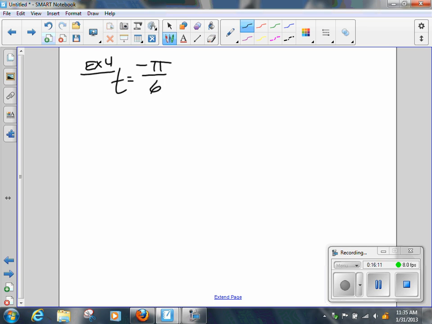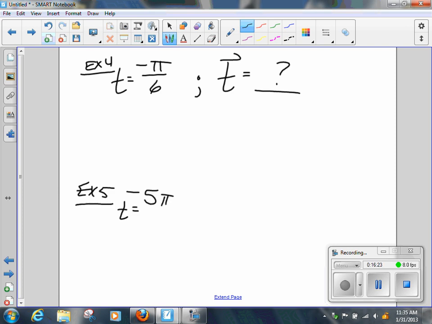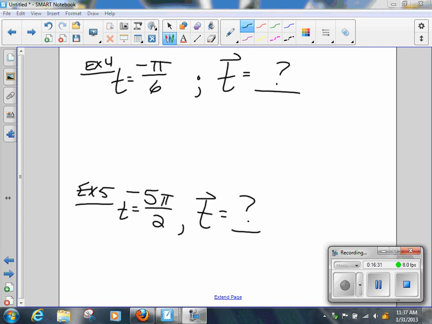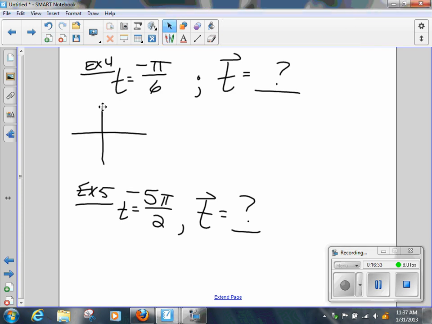Your angle T is negative pi over 6. What's your reference angle? And then do this one. This is just fun. Because I want to show you on this one, what's neat about this one?